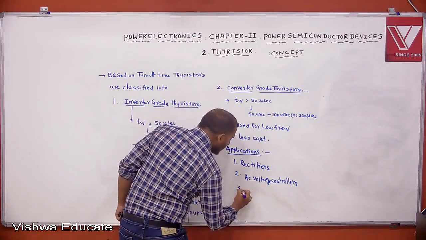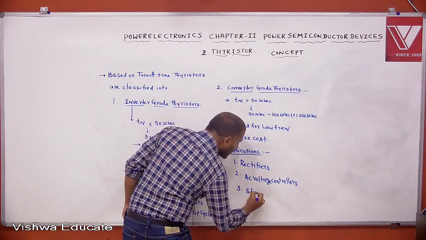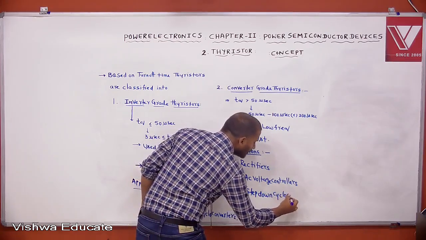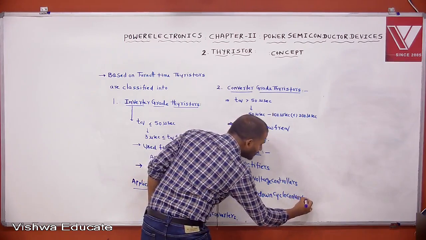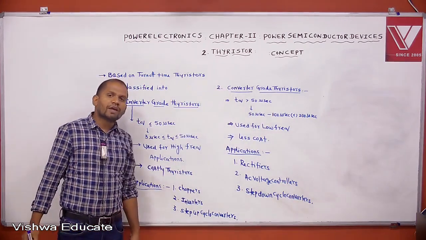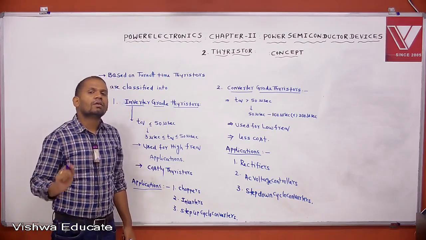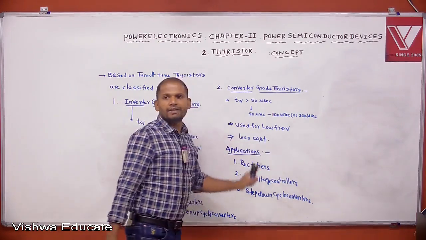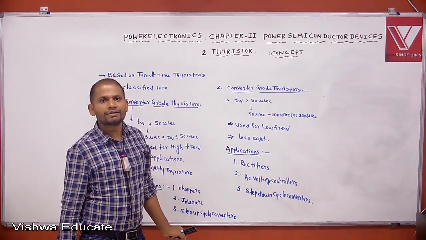These converter grade thyristors are used in step down cycloconverters, where low frequency operation is required. This is about types of thyristors based on turn off time, inverter grade and converter grade thyristors.